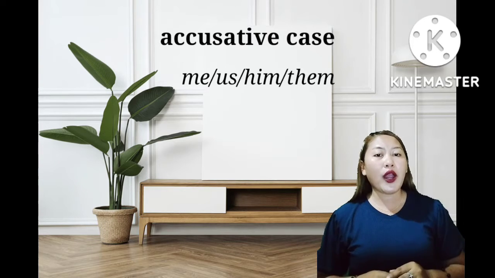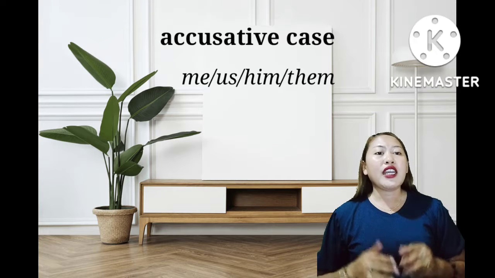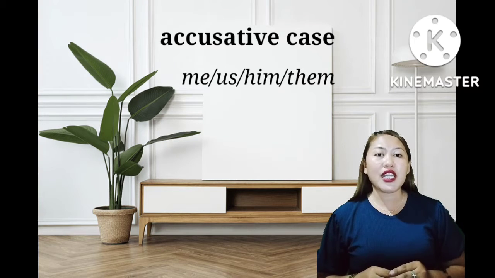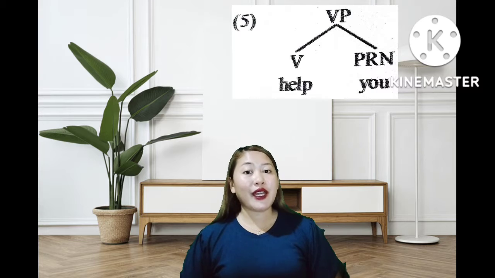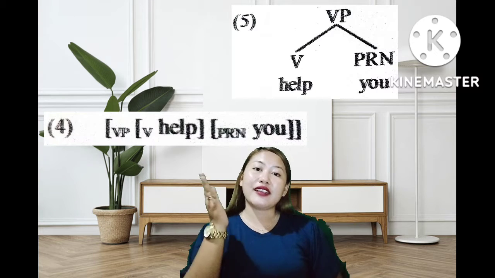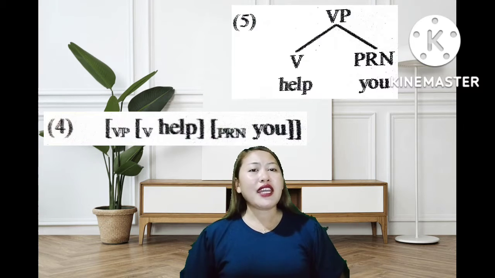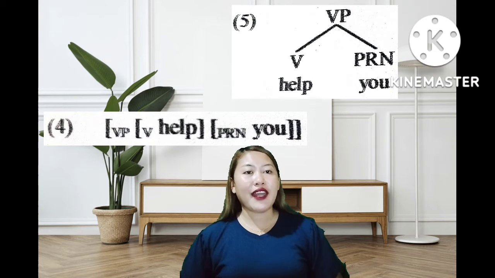And this requirement is satisfied here since you can function as an accusative form. The tree diagram as shown is entirely equivalent to the labeled bracketing as shown here, in the sense that the two provide us with precisely the same information about the structure of the phrase help you.